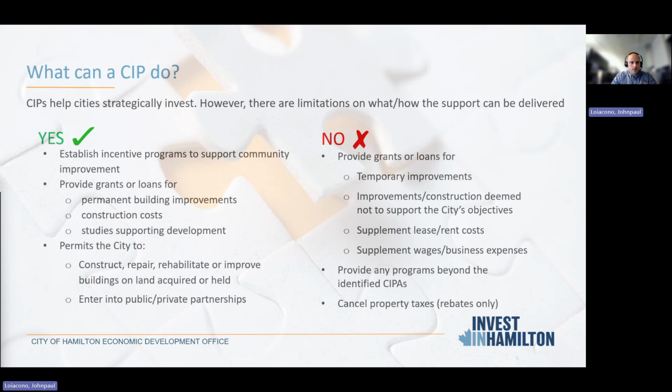Think of construction cost, but we also extend that to the studies that support development. What a CIP generally cannot be used for are temporary things, things like supplementing lease or rental costs or business expenses. The intention is that it cannot be used for that. And of course, it must be used within these CIPAs, those geographic boundaries. It must be used within those eligible areas.